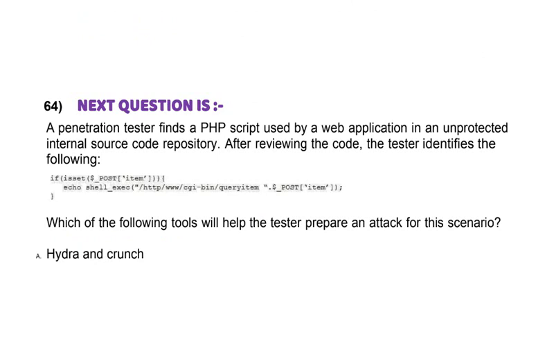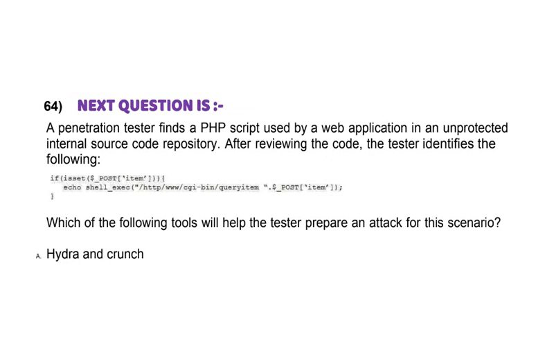Question: A penetration tester finds a PHP script used by a web application in an unprotected internal source code repository. After reviewing the code, the tester identifies the following. Which of the following tools will help the tester prepare an attack for this scenario?